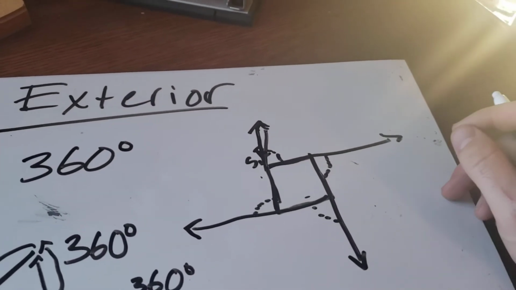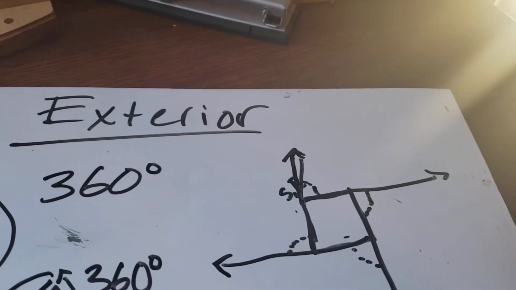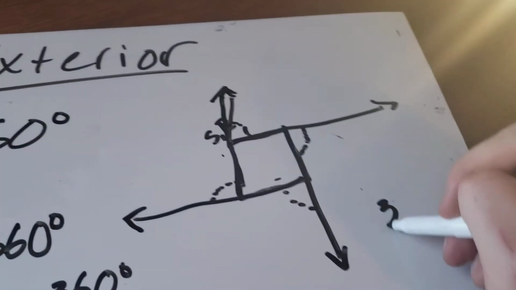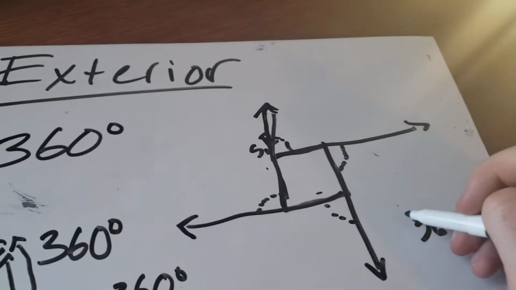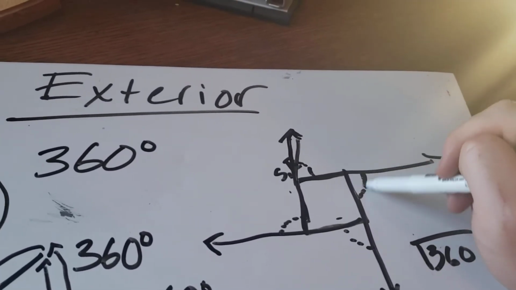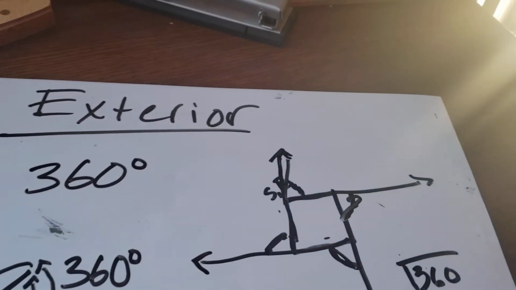So hopefully you know that the interior angles of a square are 90 degrees. But let's prove that. We just traveled 360 degrees. How many turns did it take to get there? 1, 2, 3, 4.